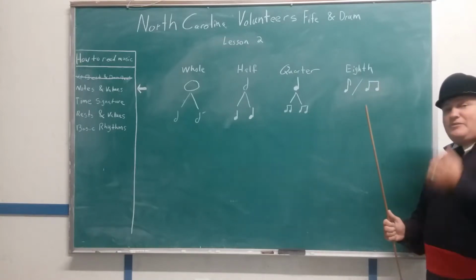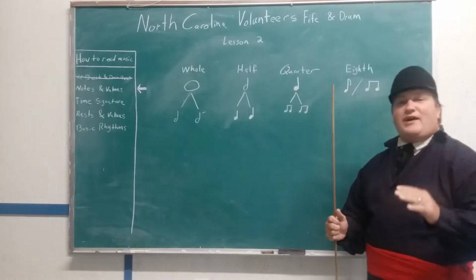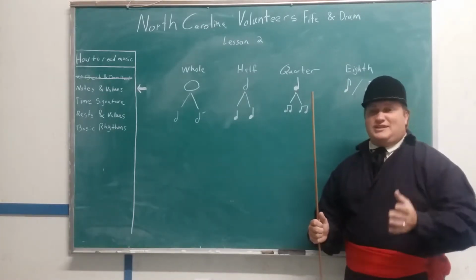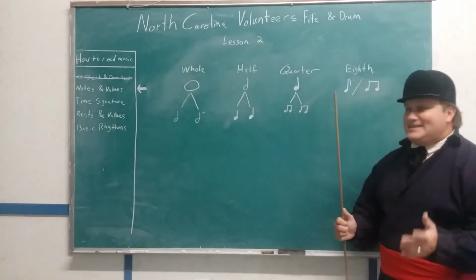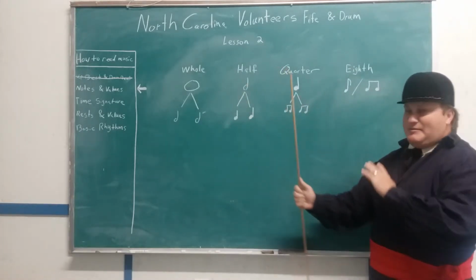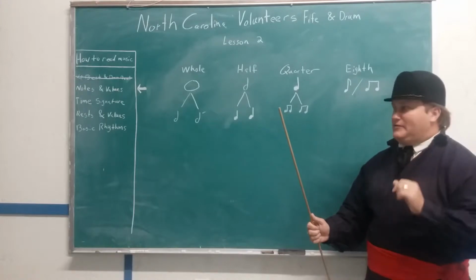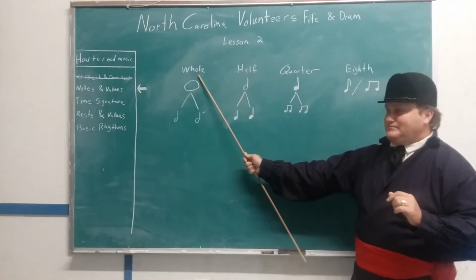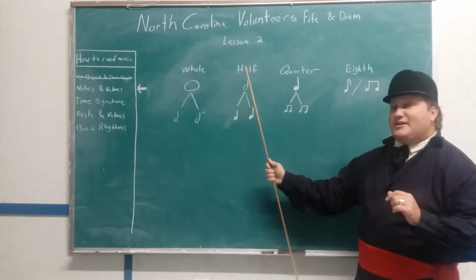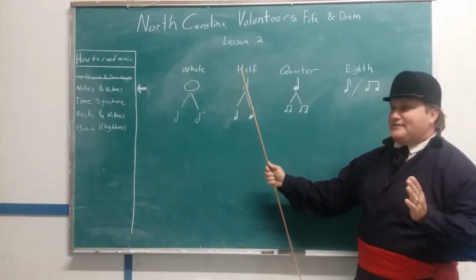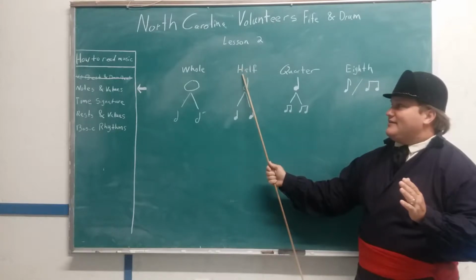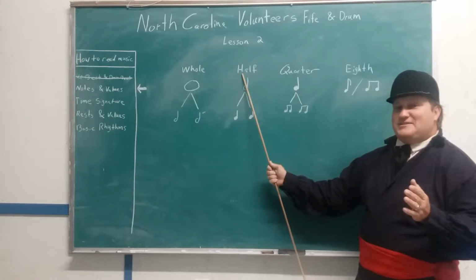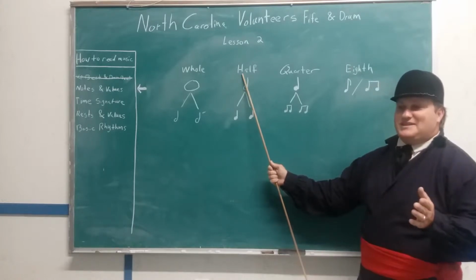Okay? Now, I'm going to take you guys back to school. We're going to talk fractions, but don't freak out. Okay? This is actually really easy. Now, let's say that we're not talking about music. Let's say we're talking about money, okay? So let's say that a whole note is $1. If you cut a dollar in half, you get a half dollar or 50 cents. For those of you who don't know, they still do mint half dollar pieces.